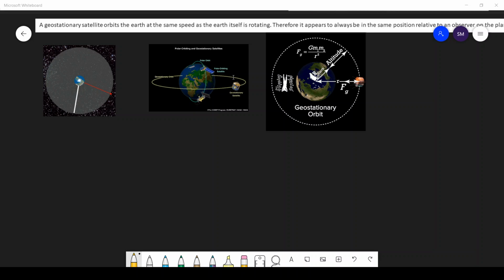So geostationary orbit is around 22,236 miles, so you can say 35,800 kilometers, above the equator, and its speed is equal to the Earth's rotation.